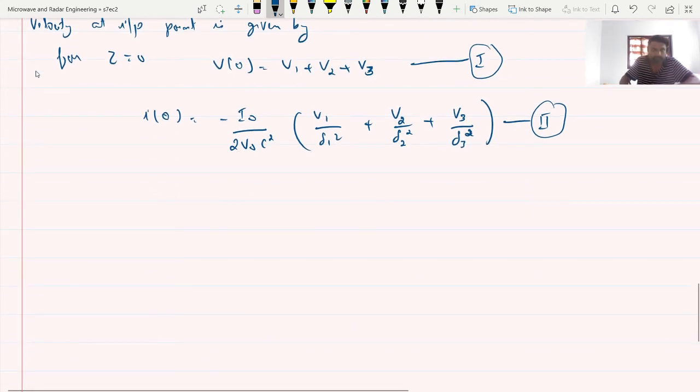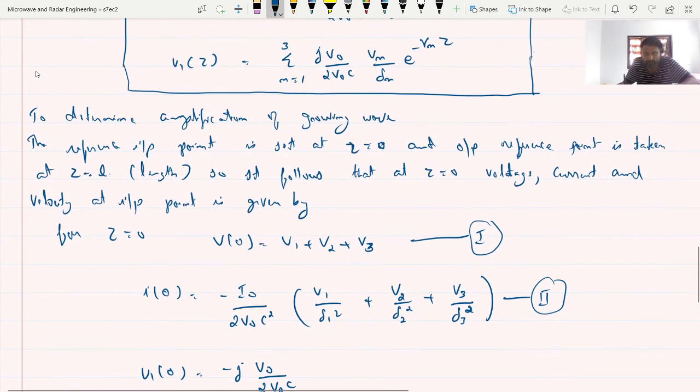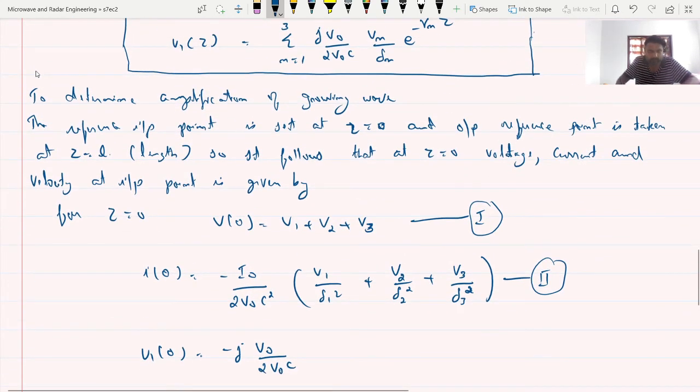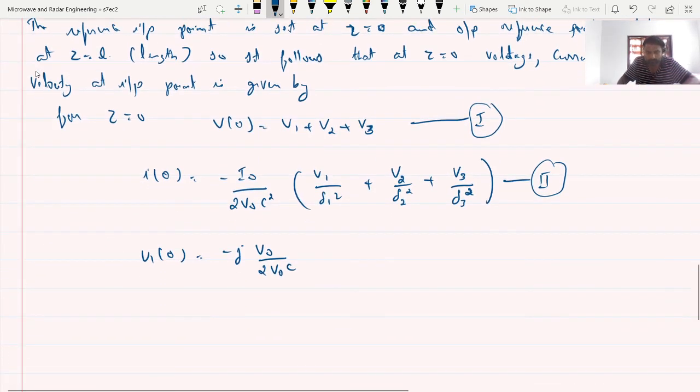And V1 of 0 is nothing but minus j V naught by 2 V naught into C. This 2 V naught and this small v naught are different. I will write it as small v naught into C into V1 by delta 1 square plus V2 by delta 2 square plus V3 by delta 3 square.